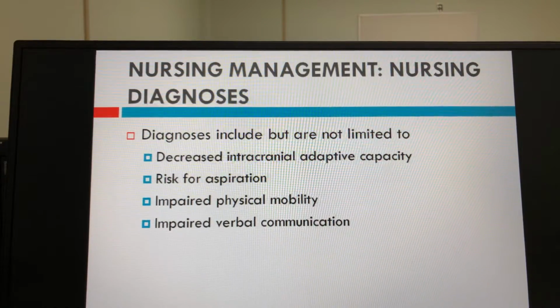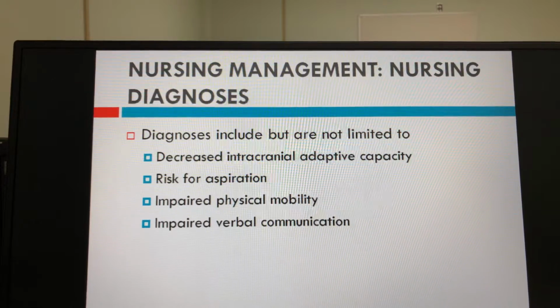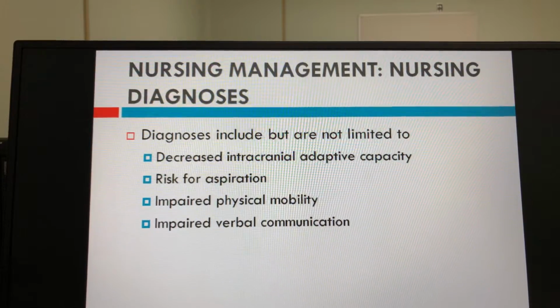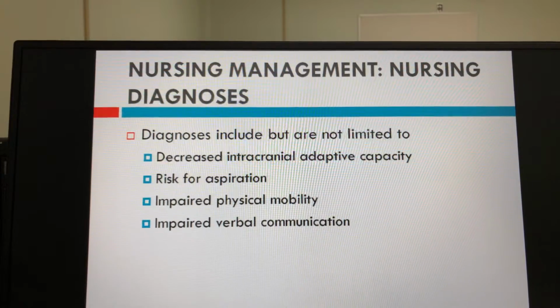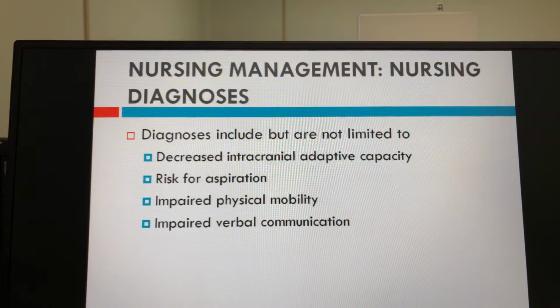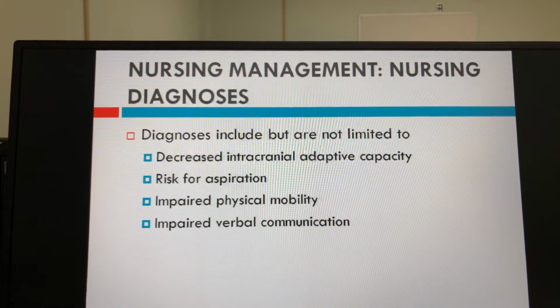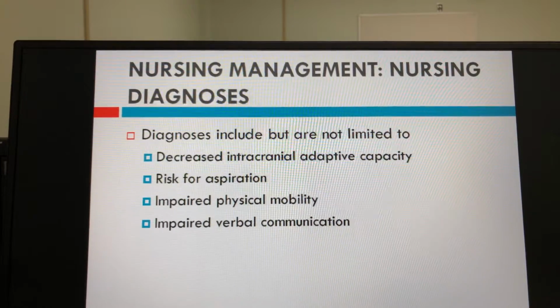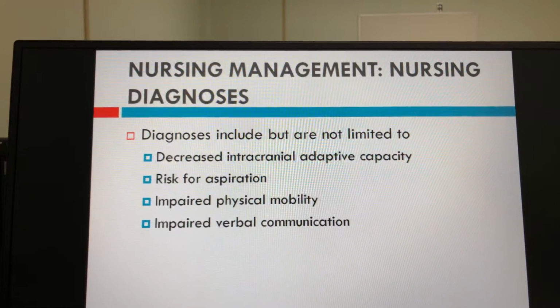Risk for aspiration related to decreased level of consciousness and decreased or absent gag and swallowing reflexes. We have impaired physical mobility related to neuromuscular and cognitive impairment and decreased muscle strength and control. And last but not least, we have impaired verbal communication related to aphasia.